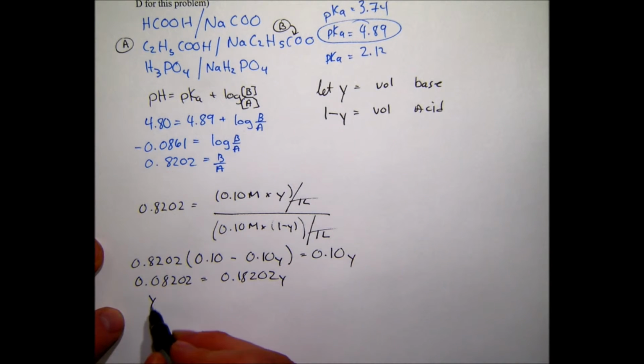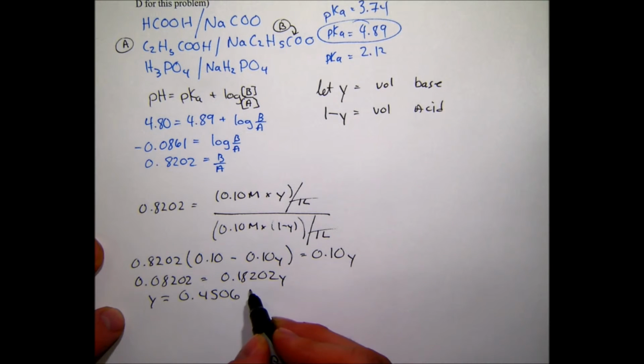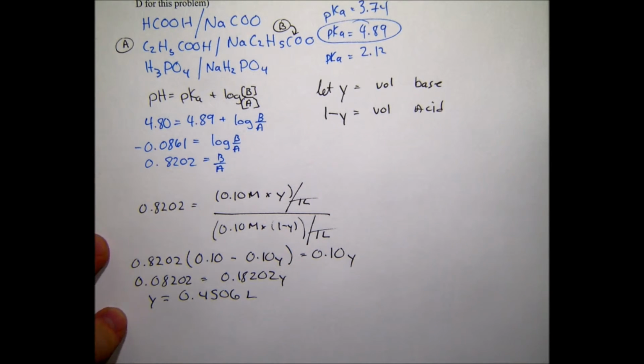So we just solve for y, and we get y equals 0.4506, which is in liters. Therefore, the volume of the base would be 1 minus that.